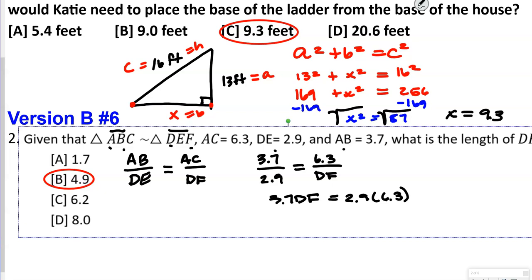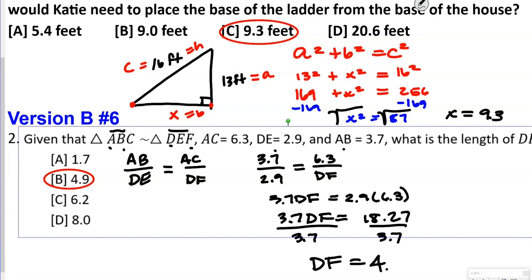And when I multiply 2.9 times 6.3, we got 3.7 DF is equal to 18.27. Then we're going to divide both sides by that 3.7, right, to get the DF by itself. So DF is actually equal to 4.9.